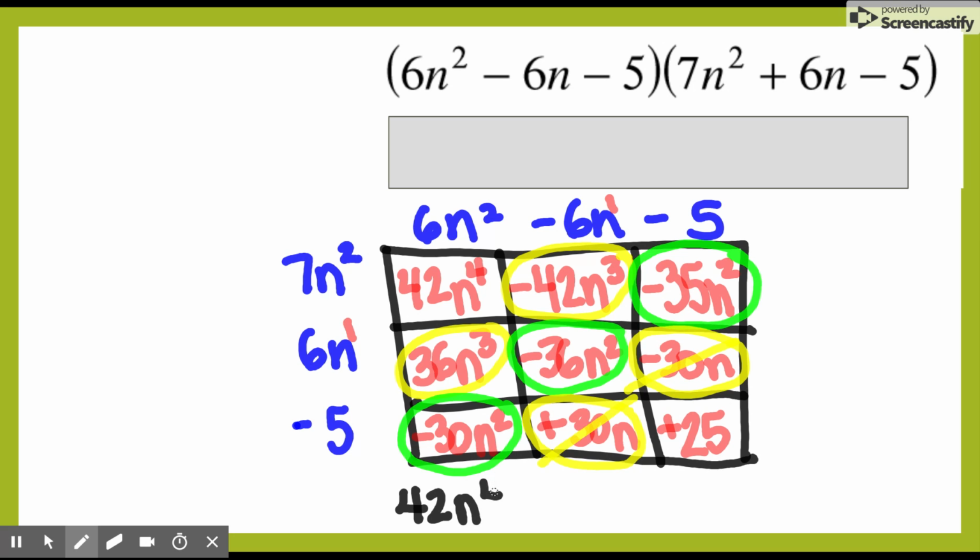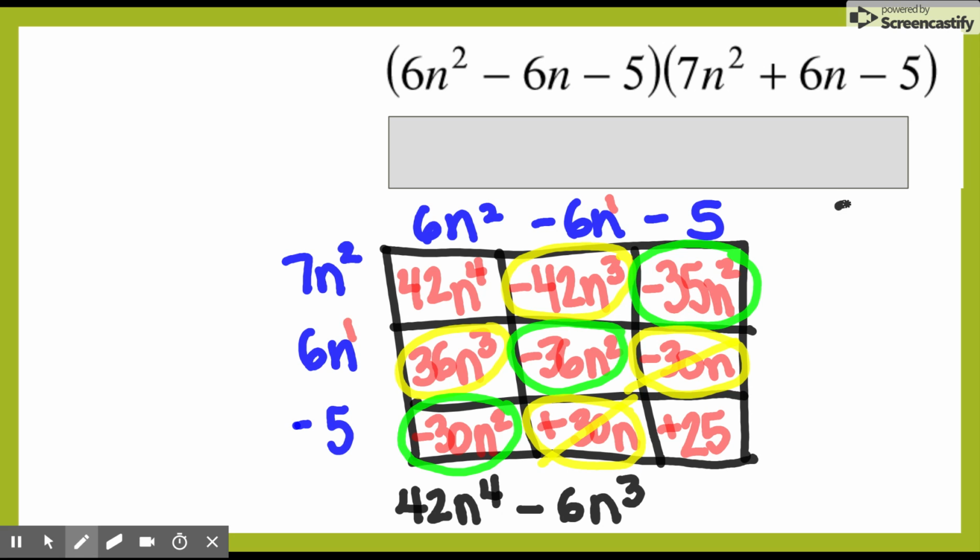I can also tell you that the only constant we have is 25, so that's going to go here at the end. Negative 42 and a positive 36, that's going to be a negative 6n cubed. Now, we have negative, negative, negative.